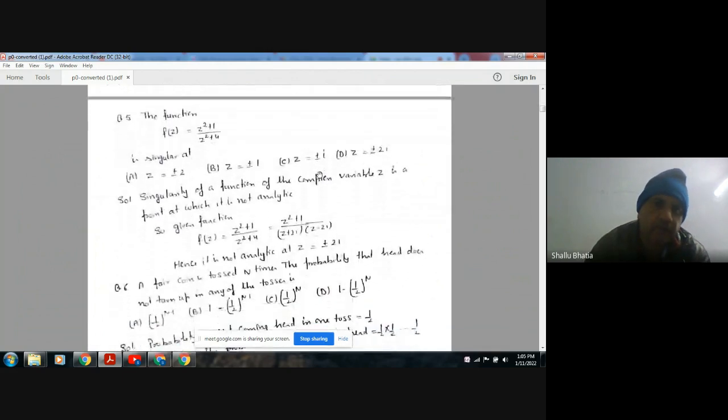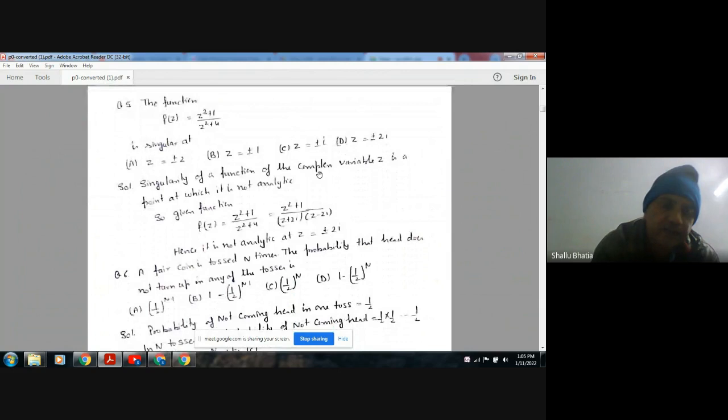Next, the function f(z) equals z square plus 1 divided by z square plus 4 is singular at: option A, z equals plus minus 2; B, z equals plus minus 1; C, z equals plus minus i; and D, z equals plus minus 2i. Okay.